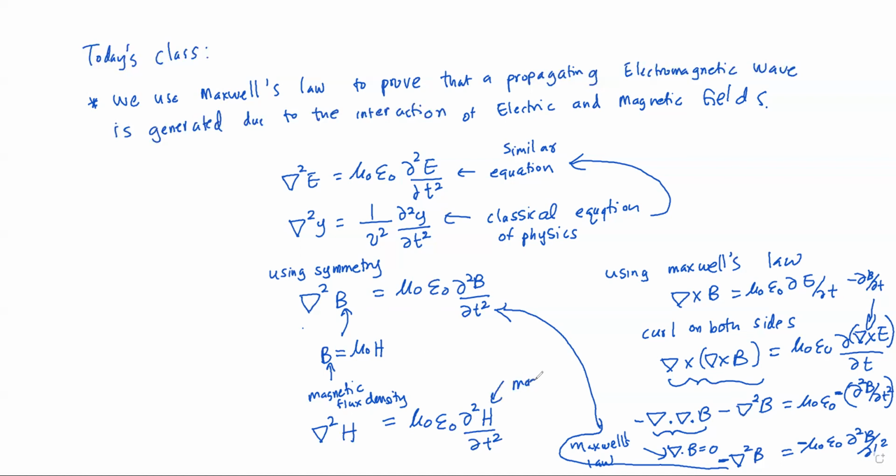So this is magnetic field intensity. We call this magnetic field or magnetic field intensity. Both terms are used in books.